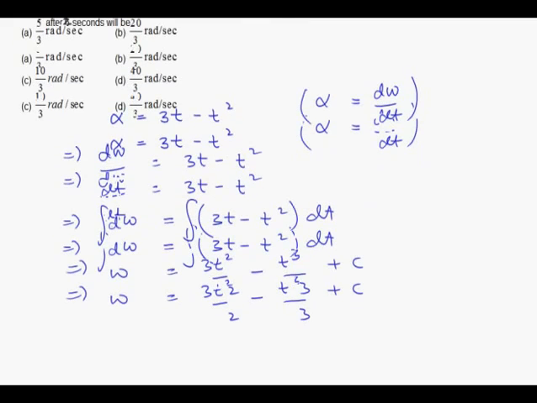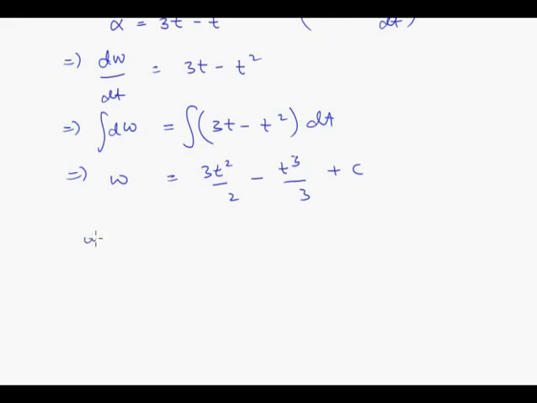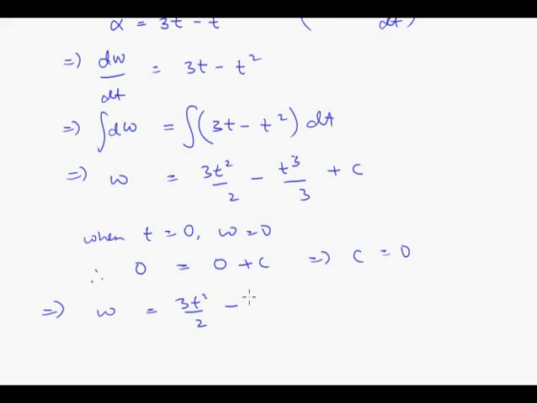So therefore I will say that when t equals 0, omega is 0. Therefore the value of c can be calculated like this. That means c is also 0, which implies that my omega equation is now given by 3t square by 2 minus t cube by 3.